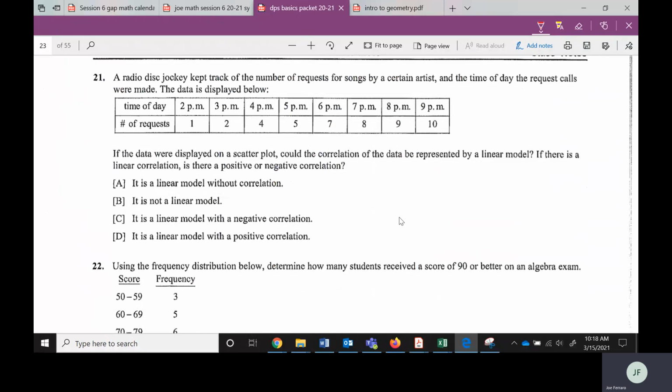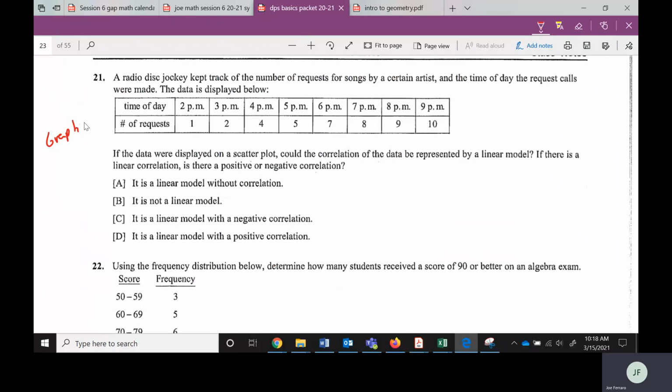Number 21, they give you this data. It says if the data were displayed on the scatter plot, could the correlation of data be represented by a linear model? If there is a linear correlation, that means would it form close to a line? Is there a positive or negative correlation? So we're not going to do this one.